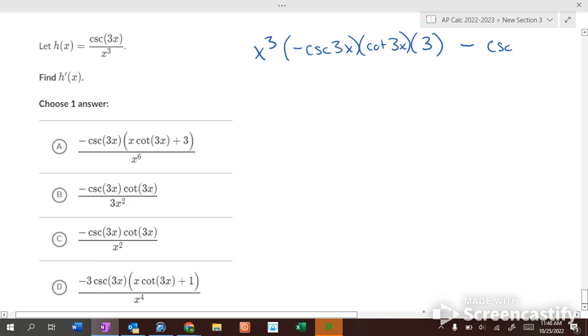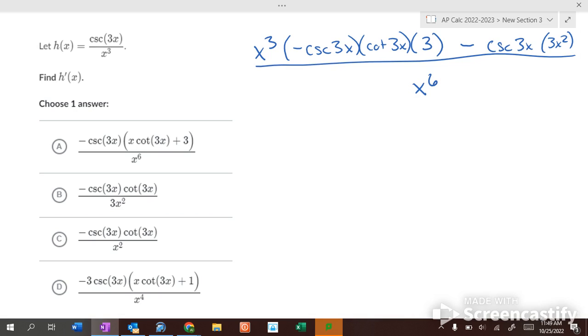Minus cosecant of 3x times 3x squared all over, which is x to the 6. Yeah. All right. Now, let's factor out what can be factored out.